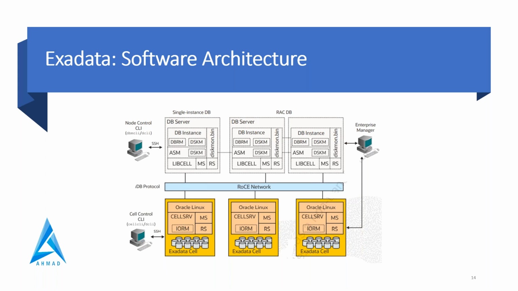Each cell is individually managed with CellCLI, and CellCLI can be used only from within a cell to manage that cell. However, you can run the same CellCLI command remotely on multiple cells with the DCLI utility, and that is okay. Same thing which I said.